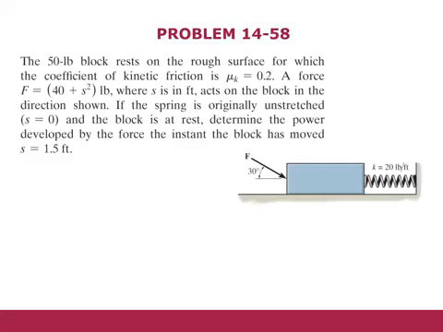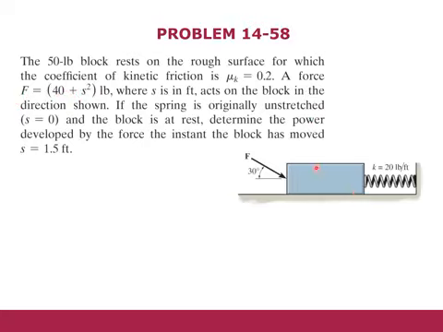Let's solve another problem, which is 14-58, and in this problem you can see that we have a block which is attached to a spring, and a variable force F as a function of displacement is given to us.